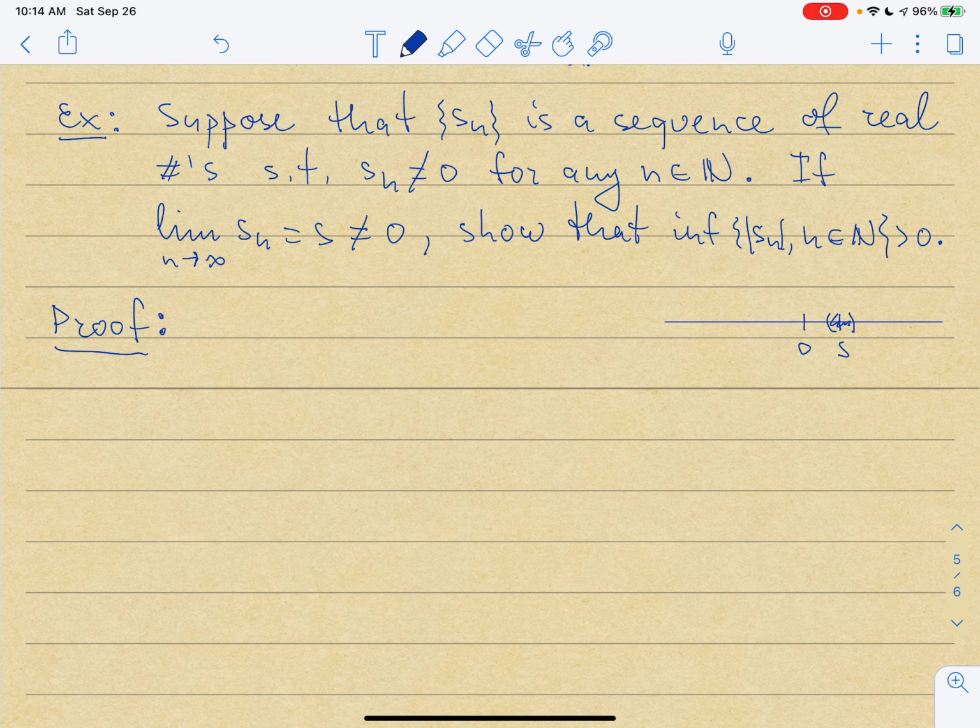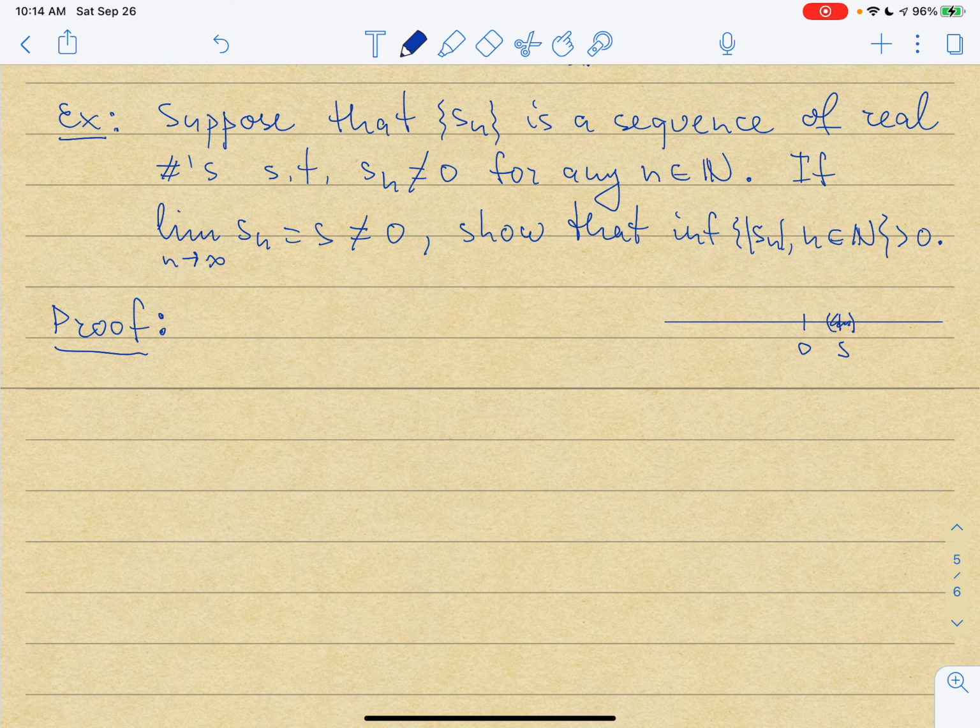Well, but then before that capital N, what do I know? I know that before n is equal to capital N, I'm looking at capital N different numbers, S1, S2, S3, etc., up to capital N, all of which are not equal to 0. So that means that their minimum is different from 0.